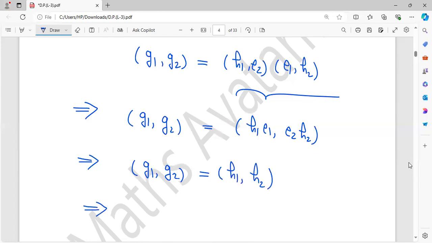So this implies g1 is equal to h1 and g2 is equal to h2.